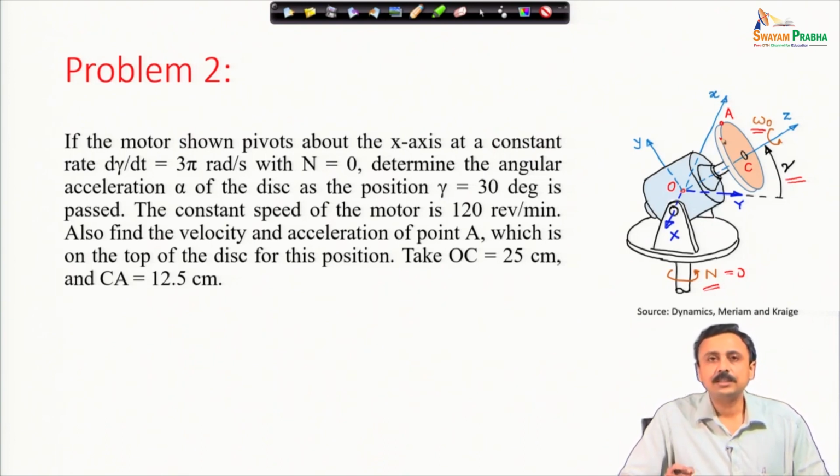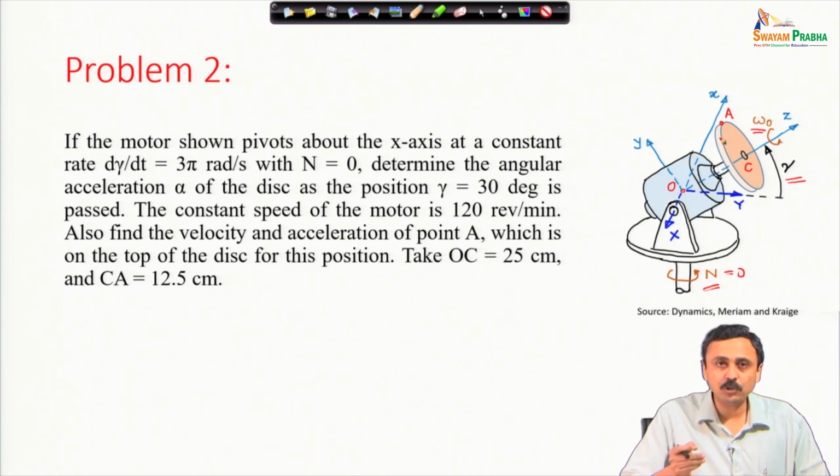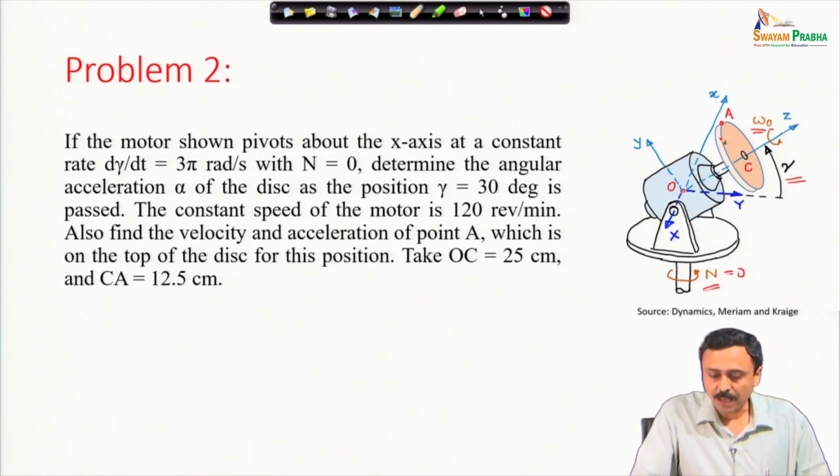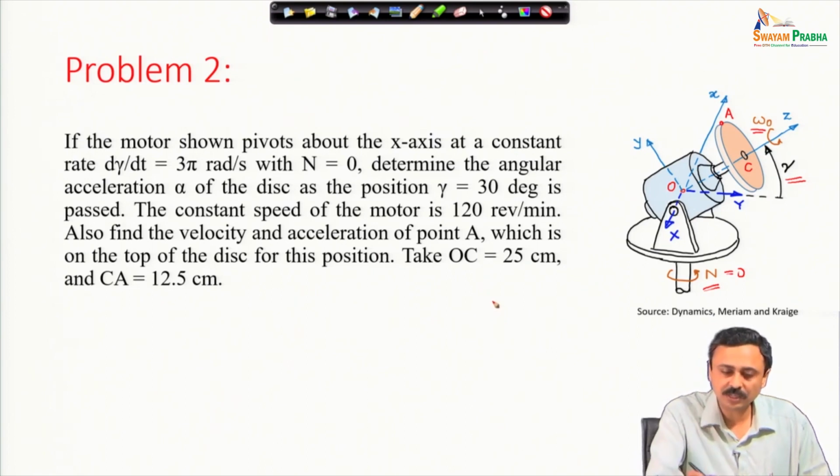Point A is a point on the circumference of the disk. At the instant A reaches the topmost point, you have to find the velocity and acceleration of point A. Some dimensions are specified. Take OC as 25 centimeter and CA as 12.5 centimeter.